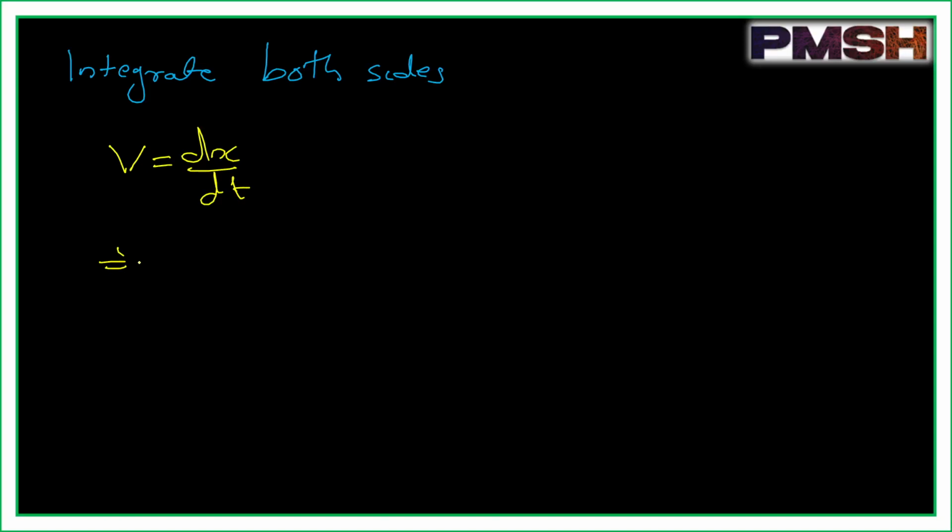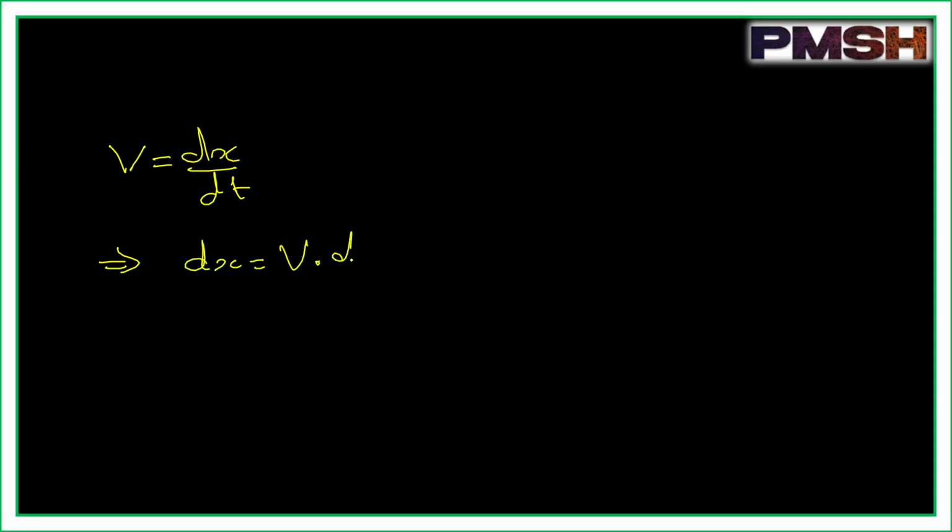Sorry, we don't want to integrate now. We'll integrate after rearranging this formula. So let's take dt to the left hand side. So we get dx is nothing but v times dt.